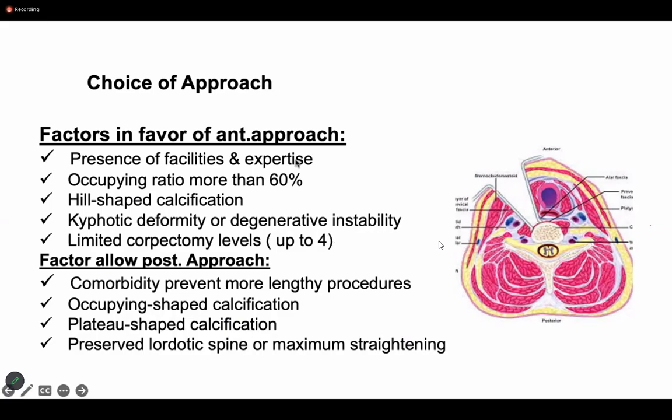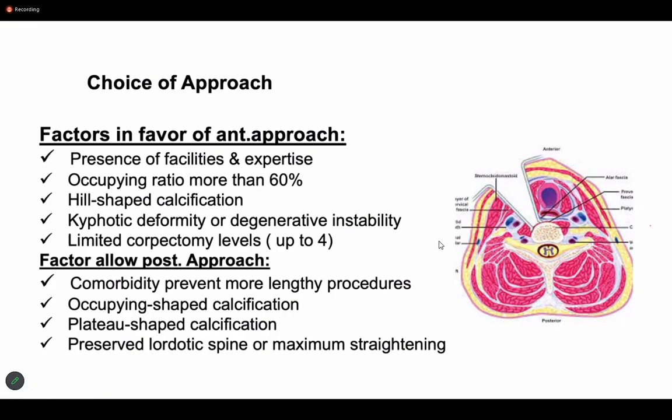And of course, with an experienced doctor and the condition of the hospital, we favor the posterior approach. We base it on the first is to prevent more lengthy procedure. Occupying ratio, yeah, I was wrong, occupying ratio less than 60%, and plateau shape calcification in image.